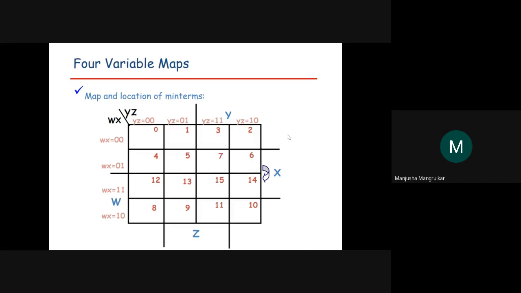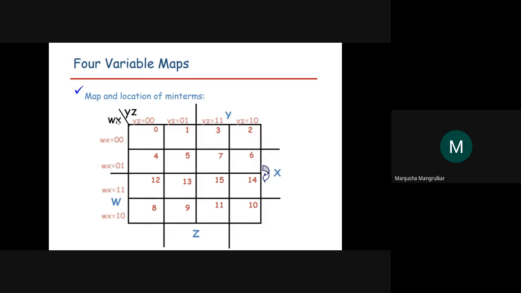Now it is 4 variables. We have seen 2 variable, 3 variable, and now 4 variable. So how many terms are there in 4 variables? It is 2 to the power 4, means a maximum of 16 terms, right? So this is w x y z, and it goes on this way.